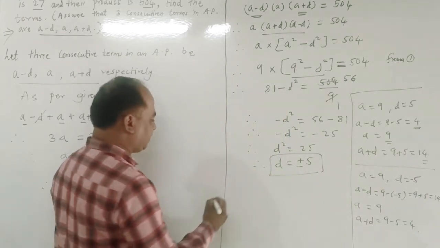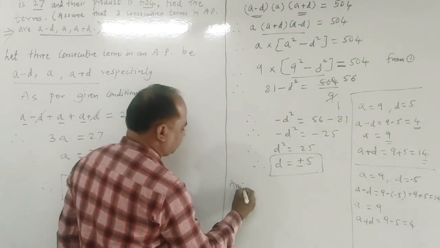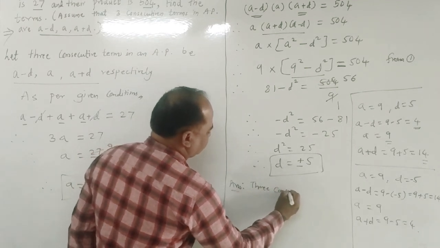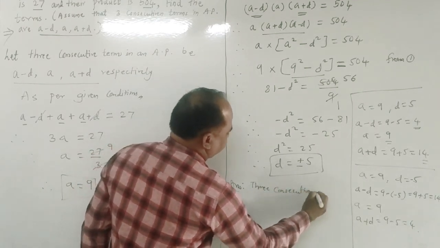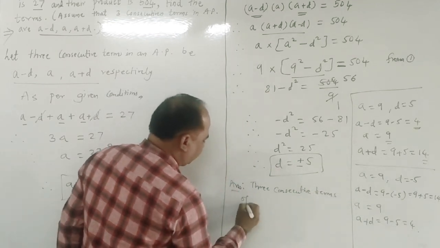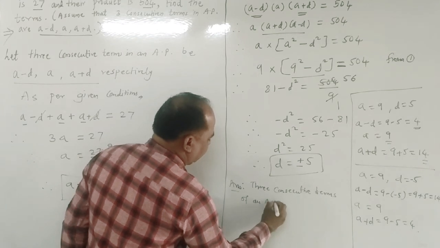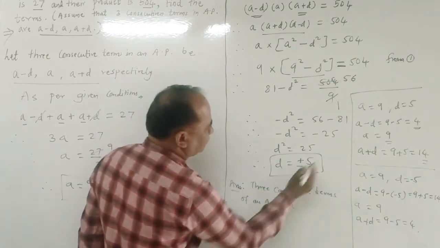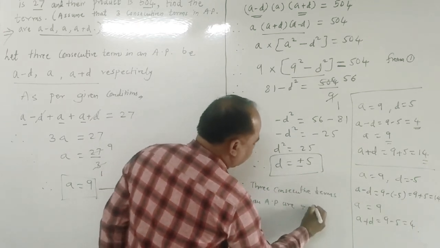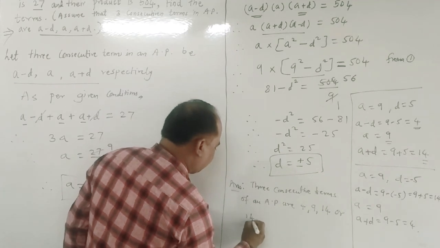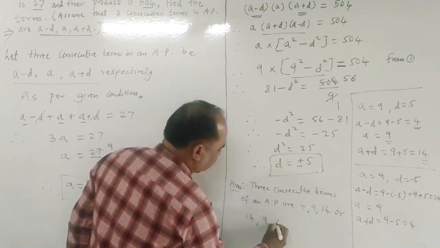So three consecutive terms of an AP are 14, 9, 4 or 4, 9, 14.